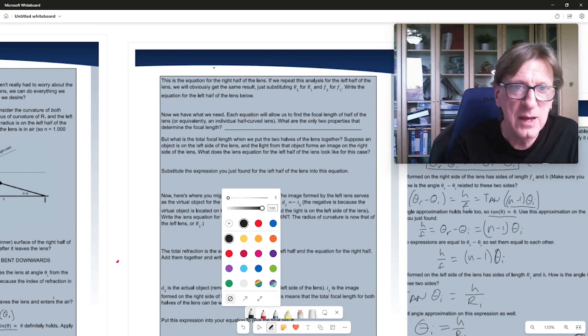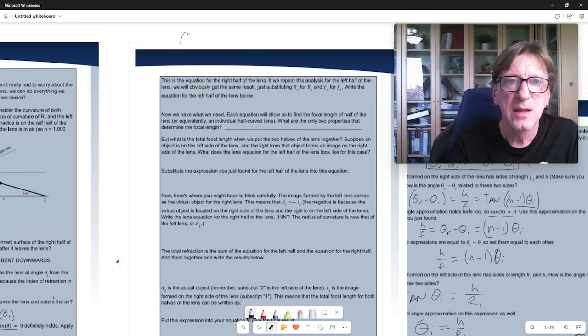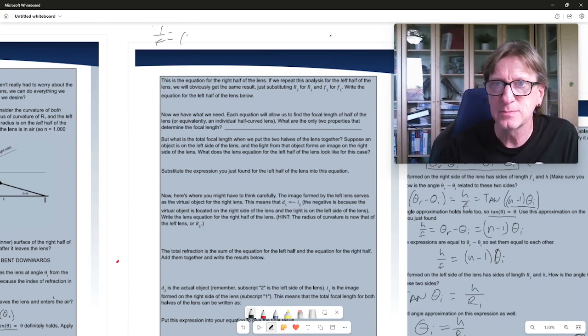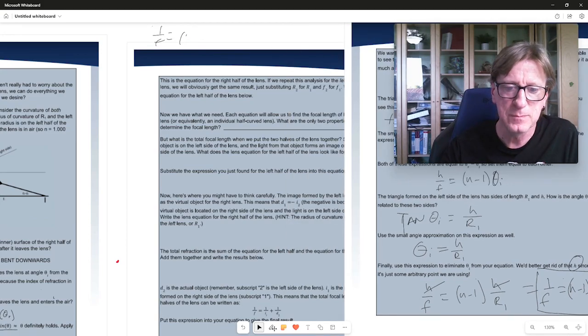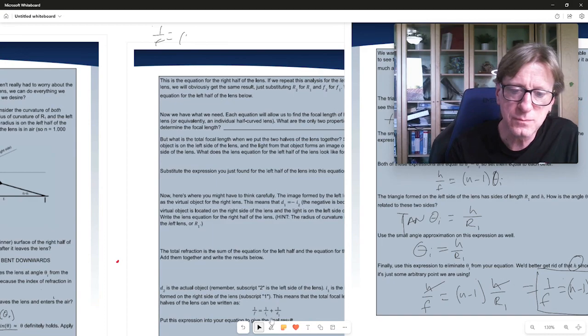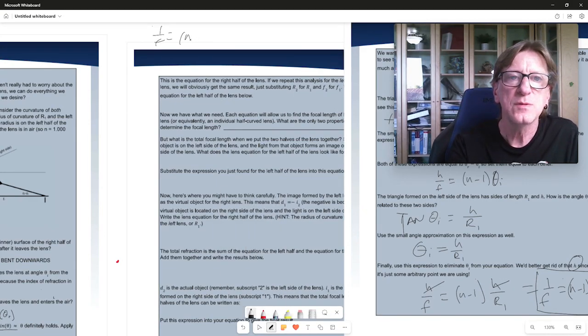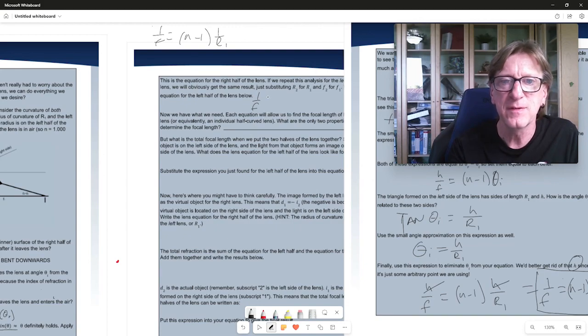So writing down what we had here, 1 over F is n minus 1 times 1 over R1. So our equation for the other half is going to be the same thing, 1 over F equals n minus 1 times 1 over R2. Now, here we were a little bit sloppy.